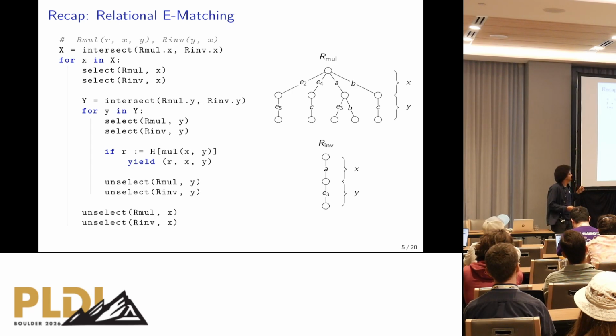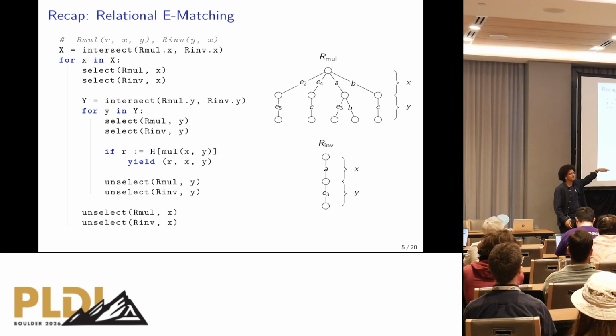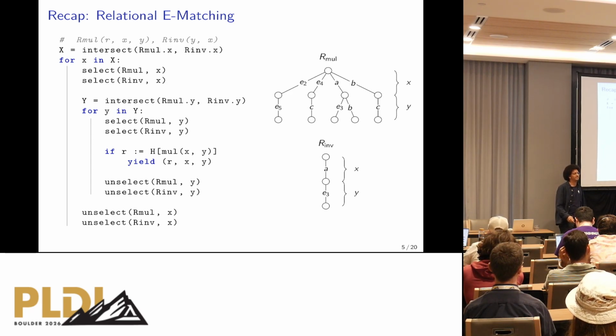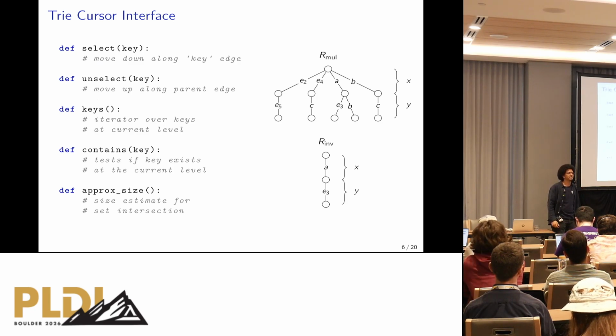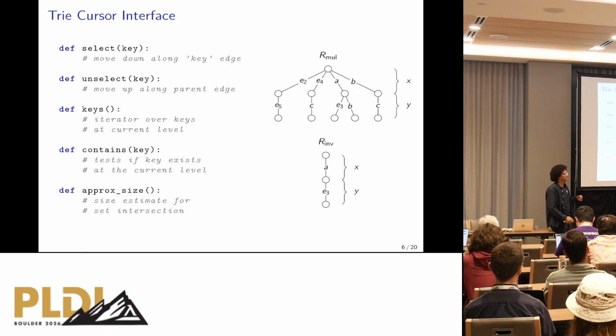Okay, and then after we have considered our candidate, we need to walk up the trie again. So this gives us the trie cursor interface, where we have a few functions which are basically required to implement this traversal.